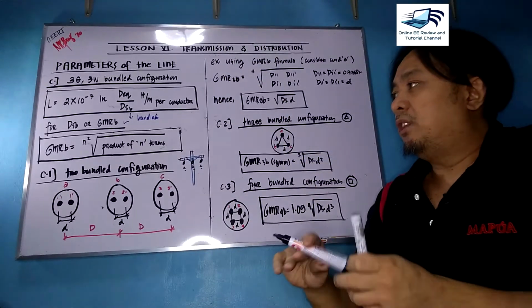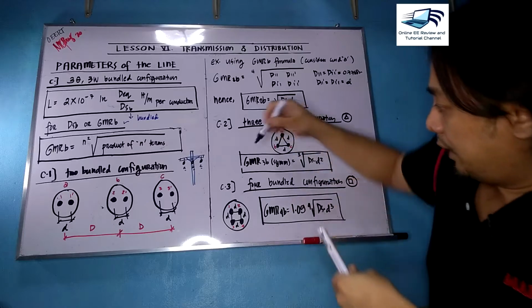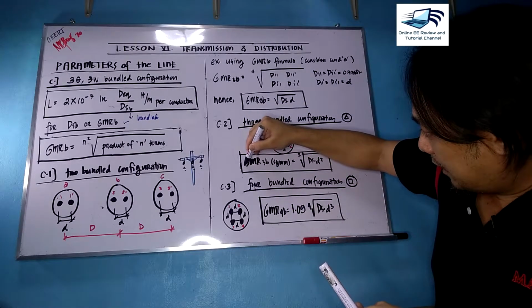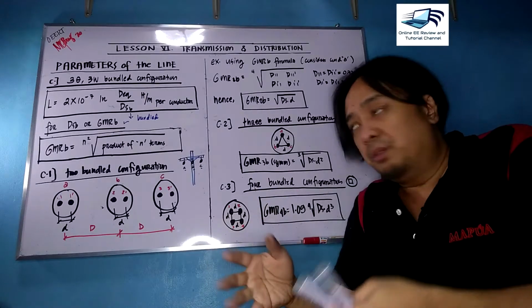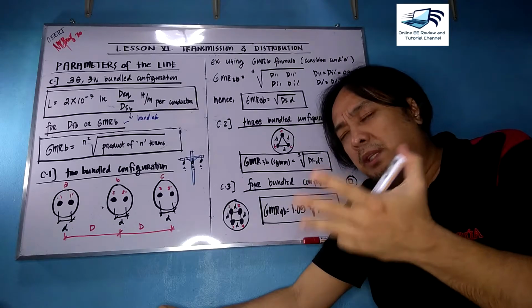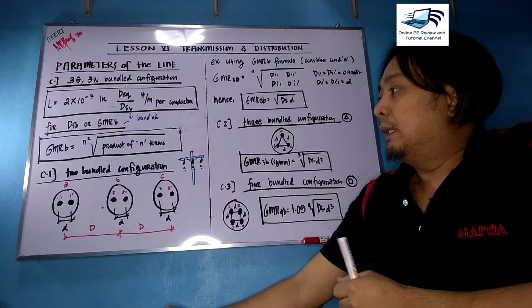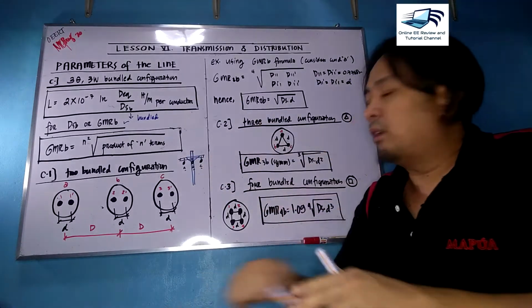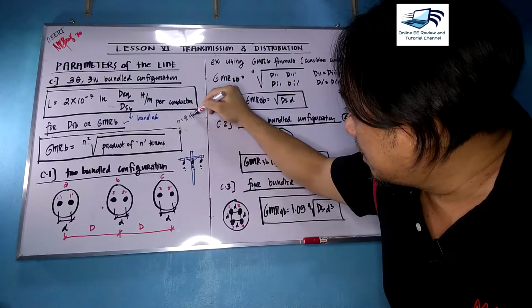If you want to get the formulas, you can derive them on your own, and it is also important for the different types of configuration that the geometric mean radius of a bundle is simply equal to the n-squared-th root of the product of n terms. So what is the n here? It is obviously the number of strands.